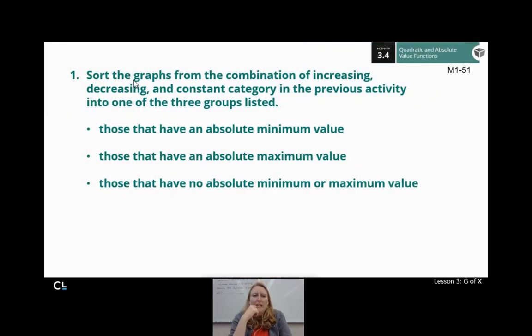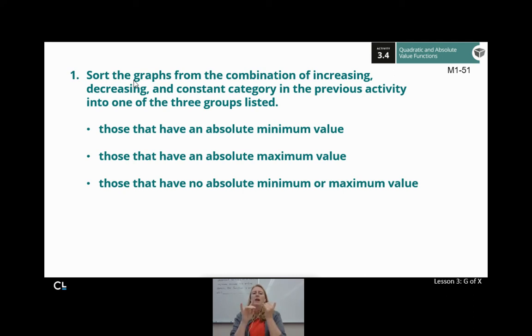Again, can we go back to the graphs from the last category? So we did the increasing only, decreasing only, constant only. Can you look at the graphs that were in the combo box? This was a few pages back. Sort the graphs from the combination of increasing, decreasing, and constant category in our earlier activity. We had a whole bunch of them that were doing more than one thing. So from that group, can you sort these out?